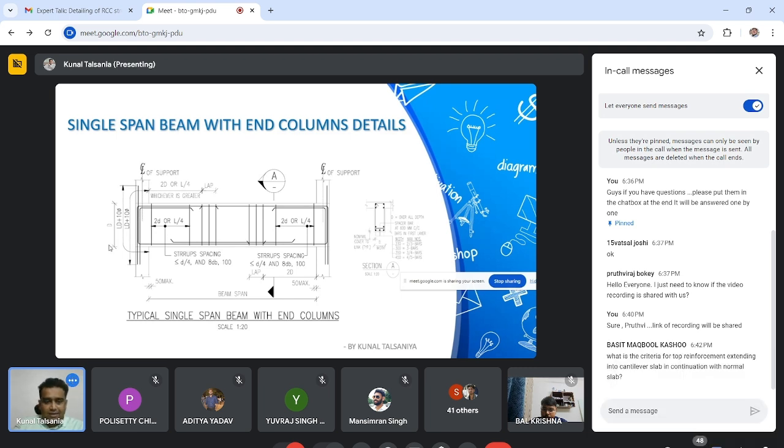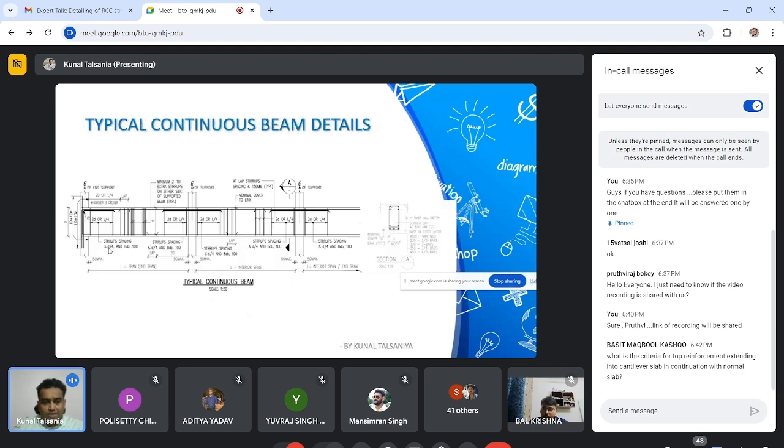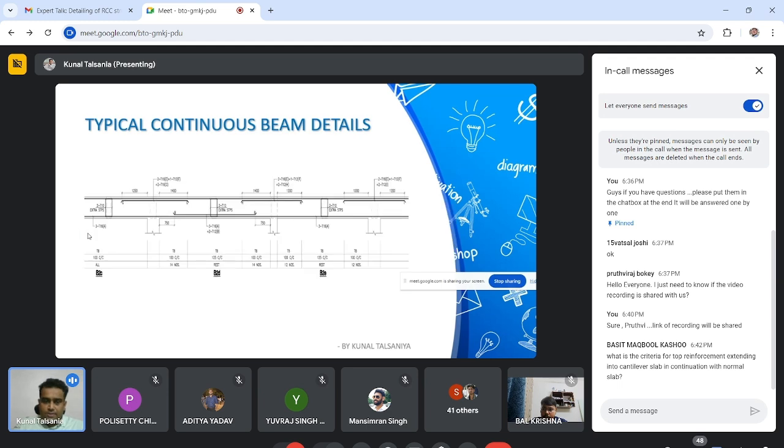In unavoidable circumstances, which you will understand at a later stage, you can tell them to provide it, but the sleeve should not be greater than 50 mm or 75 mm. Then your sleeve can easily pass between 2 stirrups.